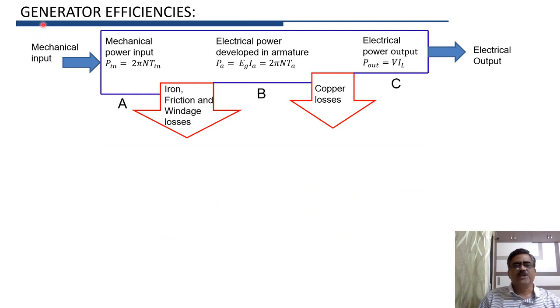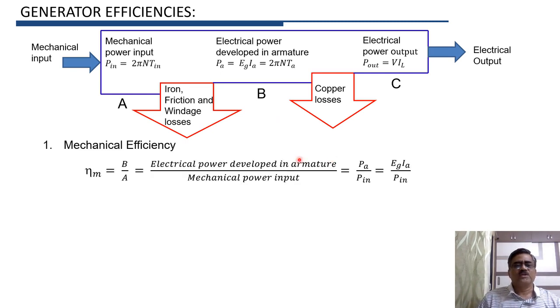Let us now see generator efficiencies. You know that efficiency is equal to output power divided by input power. But that efficiency we call commercial efficiency or overall efficiency. We can also define mechanical efficiency and electrical efficiency of generator. First of all, mechanical efficiency.